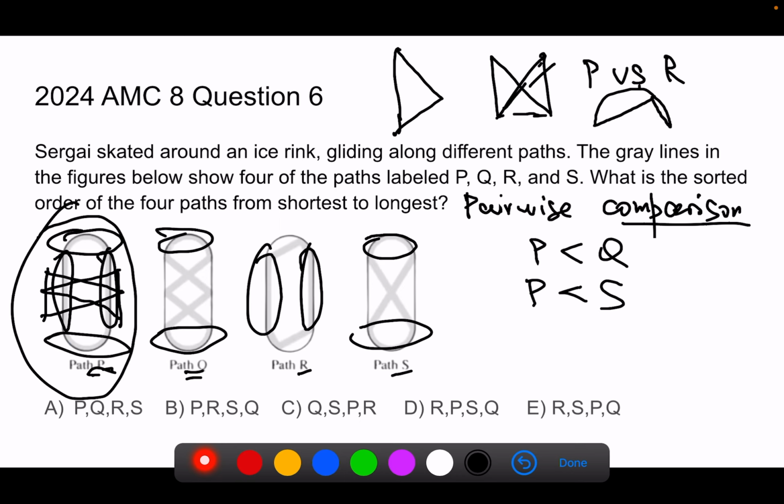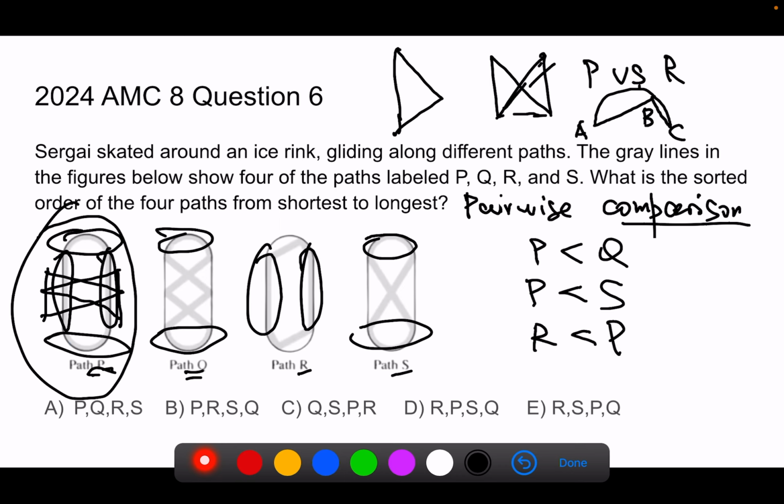And for this, P would be longer. Why? Because of the same reason. If I pick point A and point B, between AB is a straight line from R, but it's an arc from P. A straight line is the shortest. And the same thing for BC. So P versus R, you will have R is less than P.